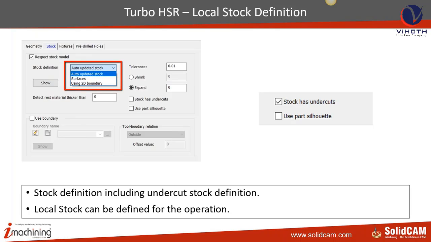So I will pick only those areas, and the part will be the complete part, but the stock will be only the restricted area. No need to define any kind of contours or anything. Just define those 6 bounding surfaces, and that becomes the stock for that operation.